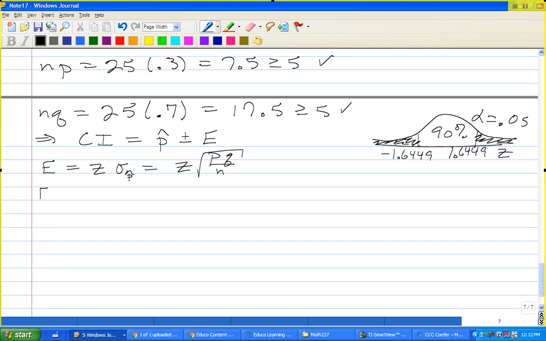And so your error is equal to 1.6449 times the square root of, again, I don't know what P is, but I'll estimate it by the sample proportion. I don't know what Q is, but I'll estimate it by the sample proportion of failures. And N here is what, 25. So let me do that on my calculator.